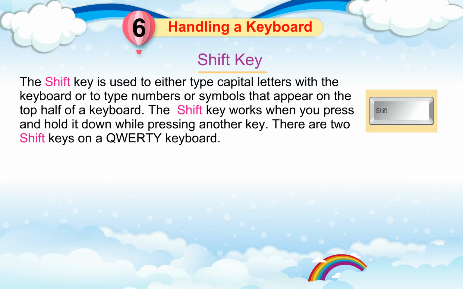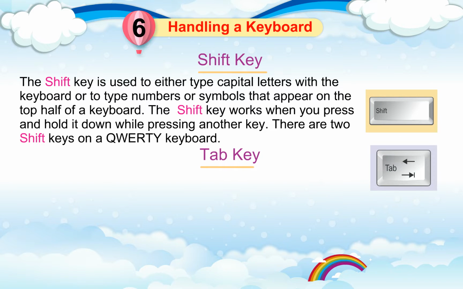The shift key is used to either type capital letters with the keyboard or to type numbers or symbols that appear on the top half of a keyboard. The shift key works when you press and hold it down while pressing another key. There are 2 shift keys on a QWERTY keyboard.